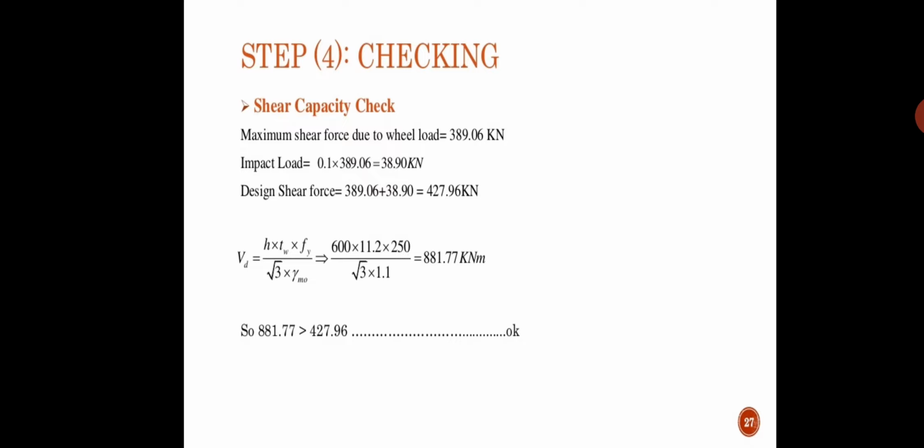VD is equal to H into TW into Fy divided by root 3 into gamma m0. For the shear capacity check, the codal provision is given in IS 800 clause number 8.4.1, page number 59. So our VD is 881.77 kilonewton, and our requirement is shear resistance of 427. So we resist 881. So here shear capacity is also safe and the check is okay.